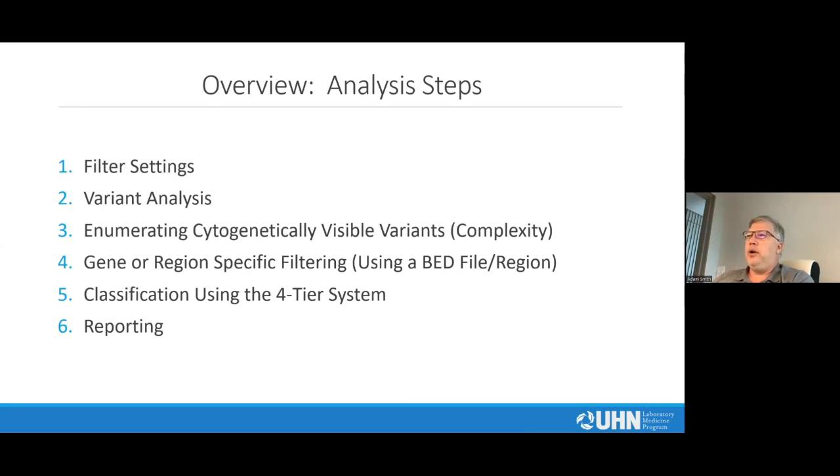I'm going to talk a little bit about variant analysis, enumerating cytogenetically visible variants, towards being able to map OGM data back to cytogenetic complexity, and talk about filtering using a gene or region specific file. This is a bed file that you upload into Access, classifying using the 4-tier system, and reporting.